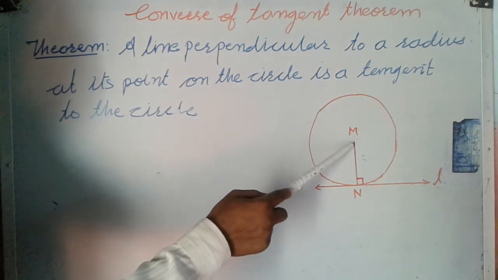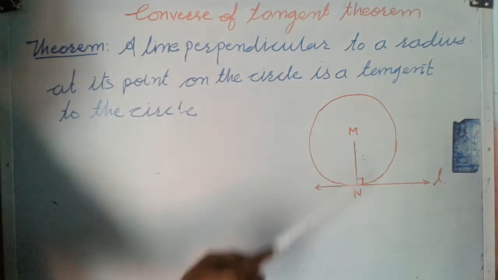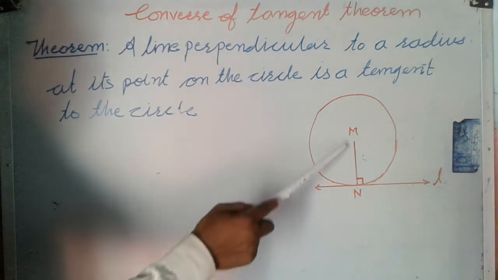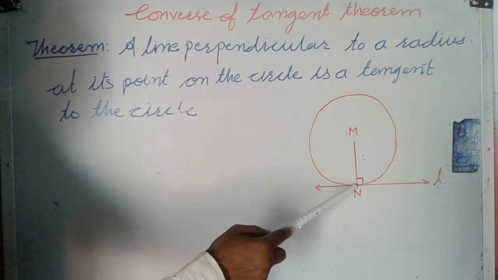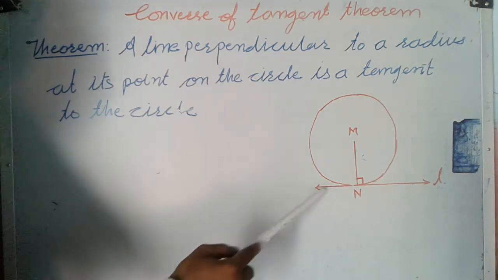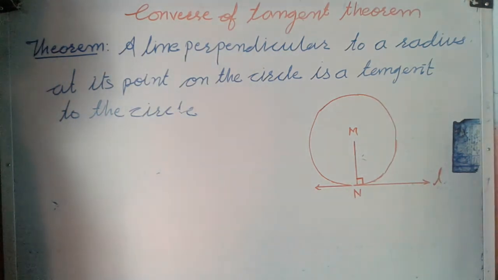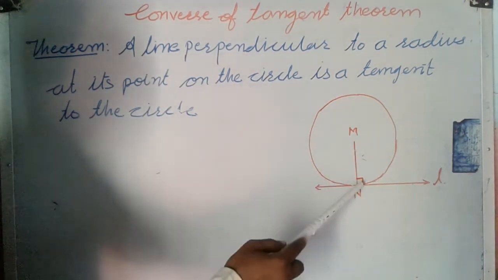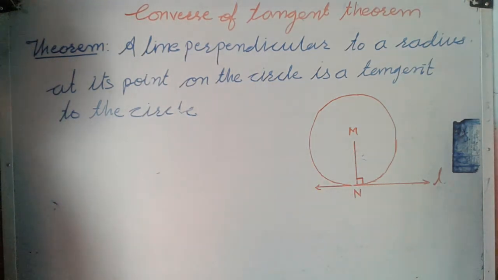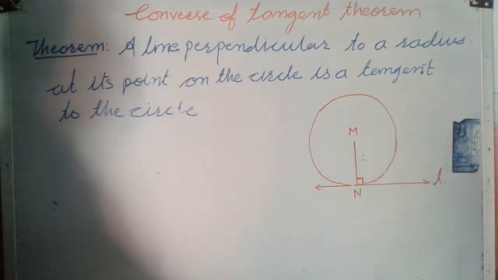Suppose here in the figure MN is the radius and point N of the radius is on the circle. This line L is perpendicular to the radius at point N.